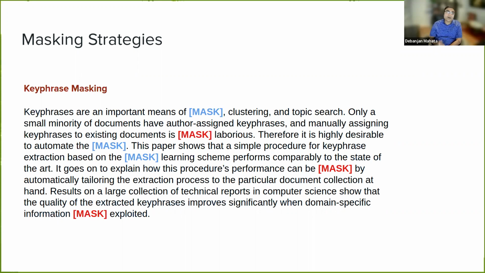We use the OAGKX corpus, which consists of 23 million scientific abstracts with author-assigned key phrase pairs, and we use it to train a large language model. We use the key phrases from there and randomly mask some of them.